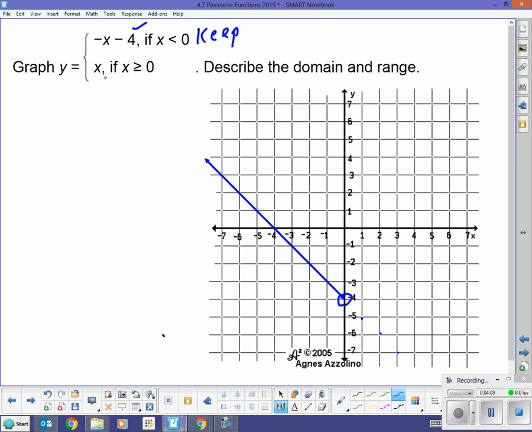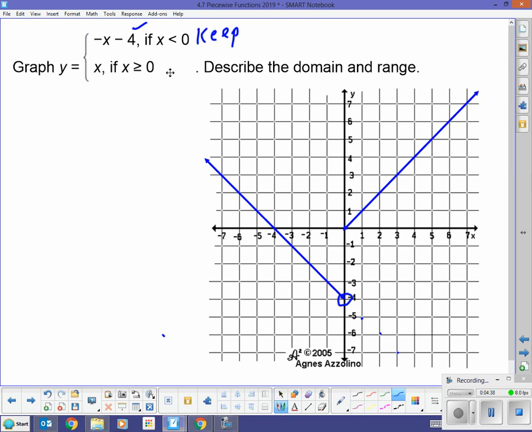And then for x, if x is greater than or equal to 0, y equals x is just a line that looks like this. But I want to keep the part where x is greater than or equal to 0. So here's 0, and I only want to keep the part here.